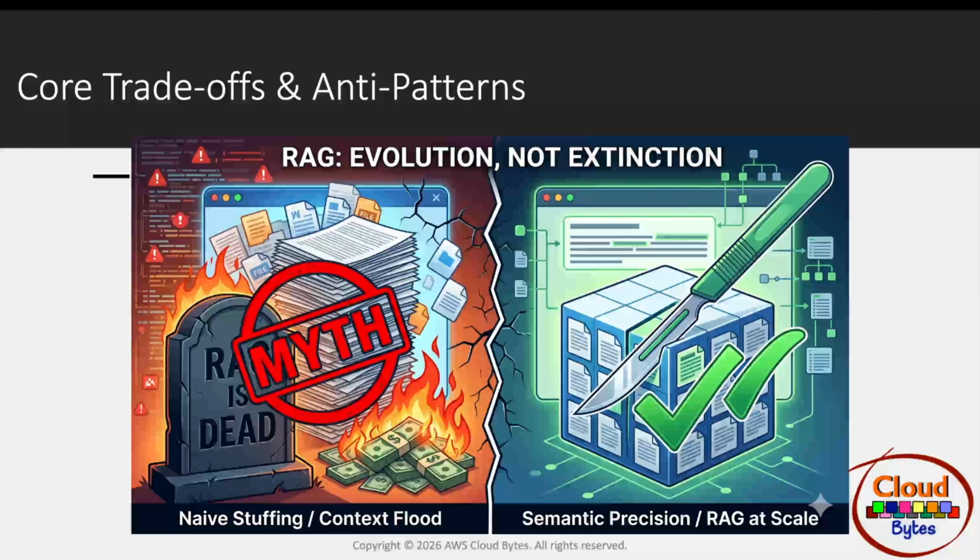Dumping an entire 200-page manual into a prompt for every user request is a massive mistake. It costs significantly more per request, increases the latency to 30-plus seconds, and models frequently fail to recall information buried in the middle of massive prompts.